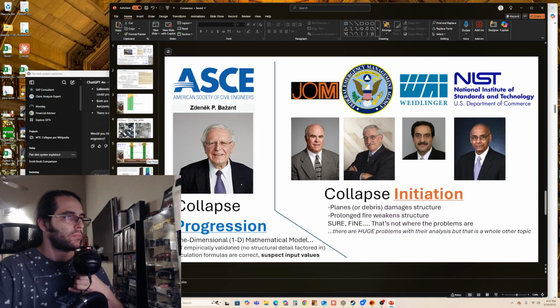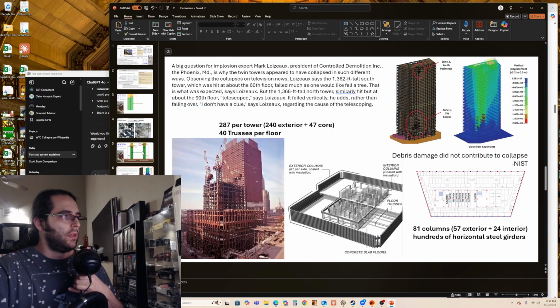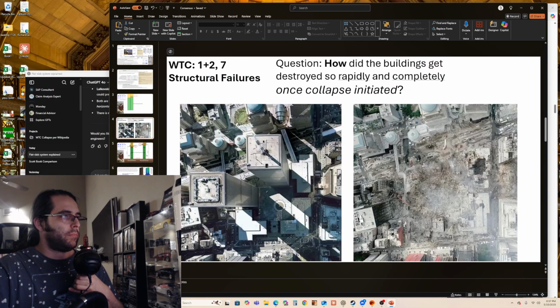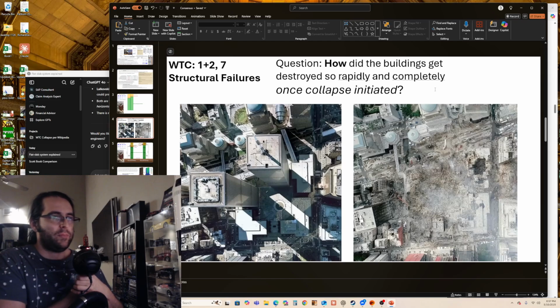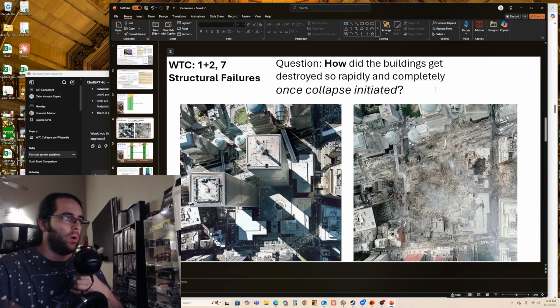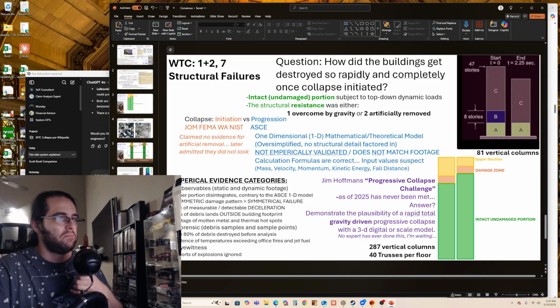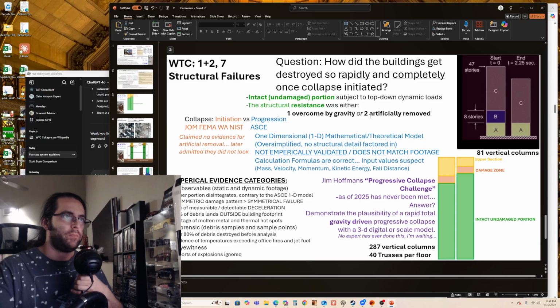So, back to the question. How did the buildings get destroyed so rapidly and completely once collapse initiated? What makes more sense to me at the moment, subject to change as new information comes in, is the artificial removal of the structural resistance below.